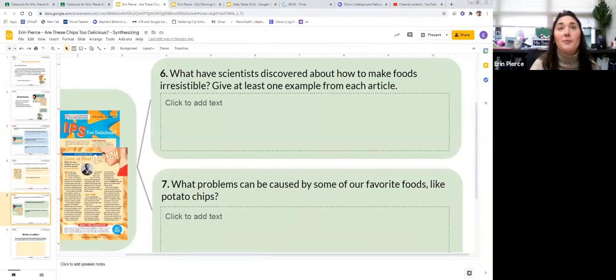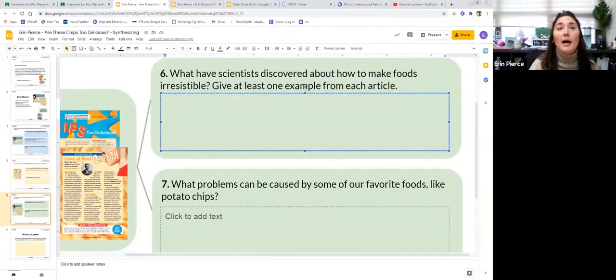What is one example from that first article, how to make foods irresistible? I'm thinking this first article, I like this idea that they're talking about that food has a quick burst of flavor, then that quickly fades out, leaving the brain wanting more. So I'm going to use that example.